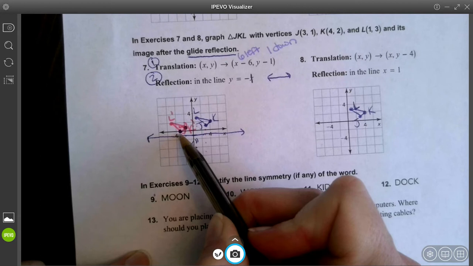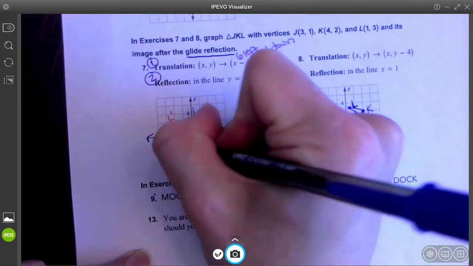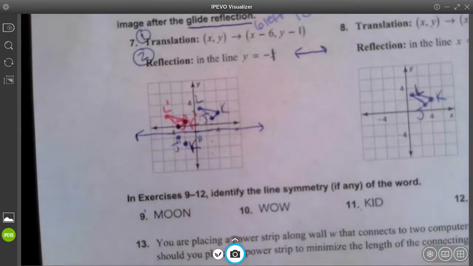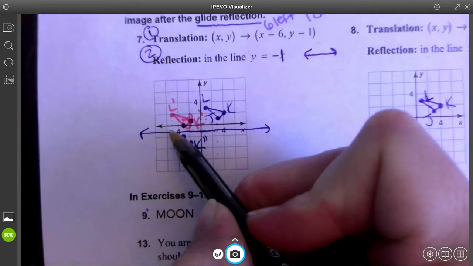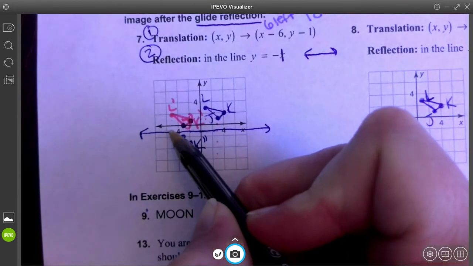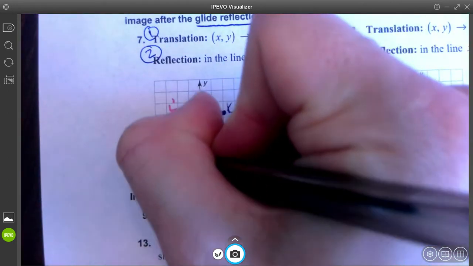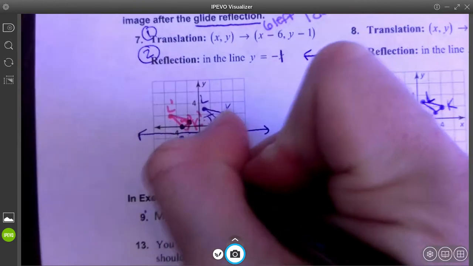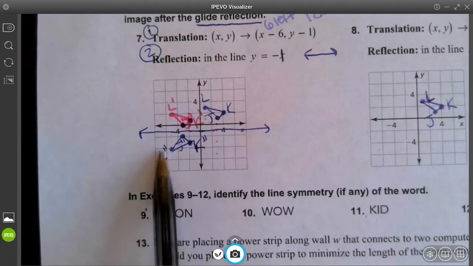So J double prime will be 1 unit below the line of reflection. L prime is 1, 2, 3 units above the line of reflection. So L double prime will be 1, 2, 3 units below the line of reflection. And I'm going to go ahead and connect. So this is our final image.